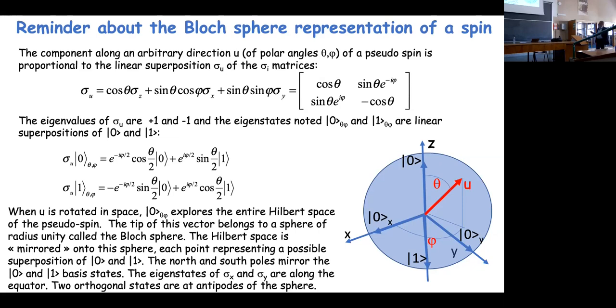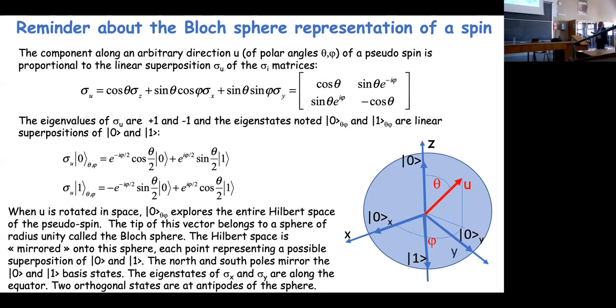And this matrix has two eigenvalues equal to +1 or -1. These are the 0 and 1 states along this direction, which are linear combinations of the 0 and 1 states along the z-axis. So I remind you of these formulas. I also remind you that once you have defined these polar angles, you can represent on a Bloch sphere the tip of a vector on the sphere, which corresponds to all the possible pure states that you can prepare with an arbitrary amplitude defined by the polar angles theta and phi.